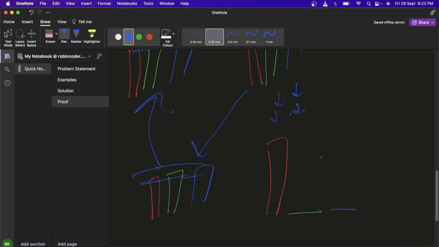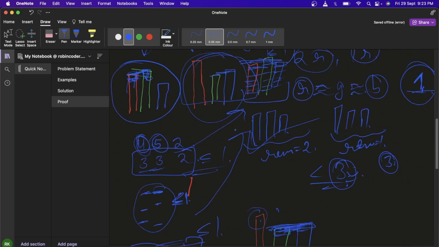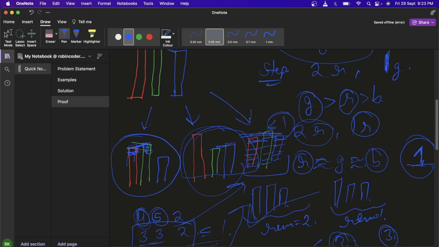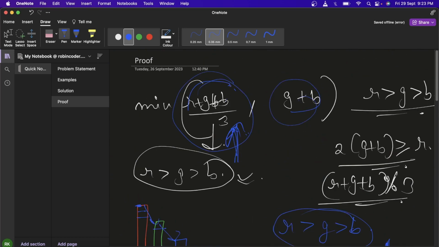This is the case where we were saying that the answer will be g plus b, and the answer indeed is g plus b in this case. So this is the proof that we can achieve the maximum number of tables with this algorithm. We have found an algorithm that works for this use case, and that is a proof.